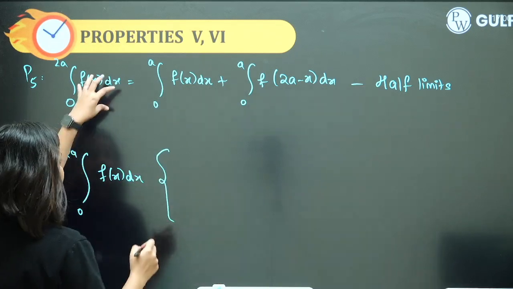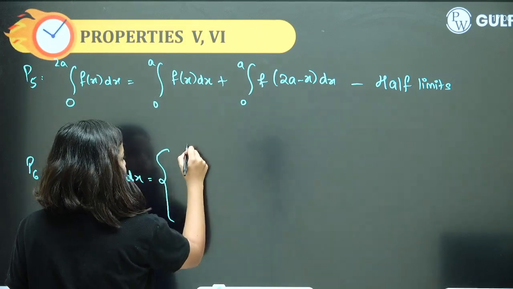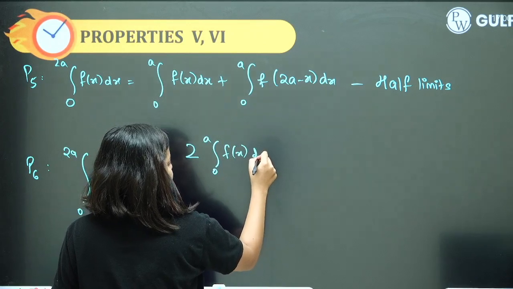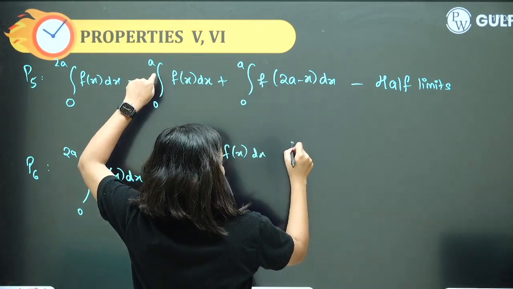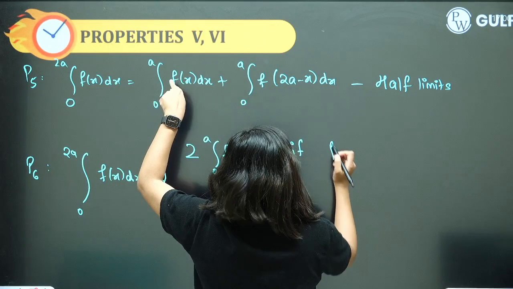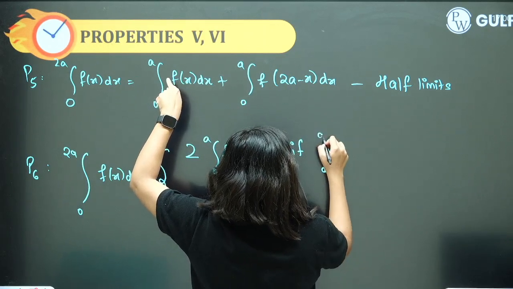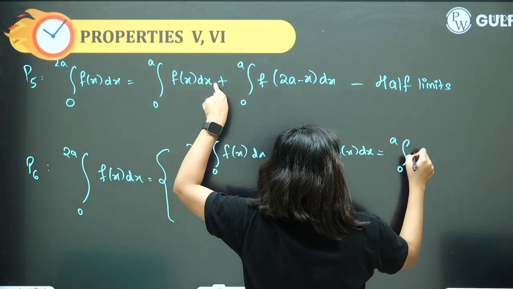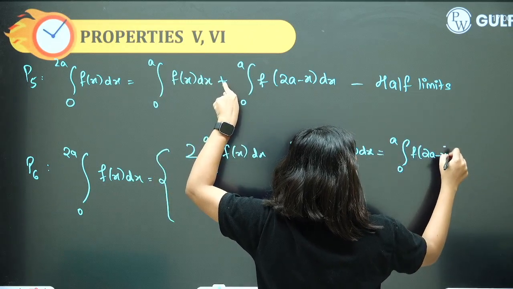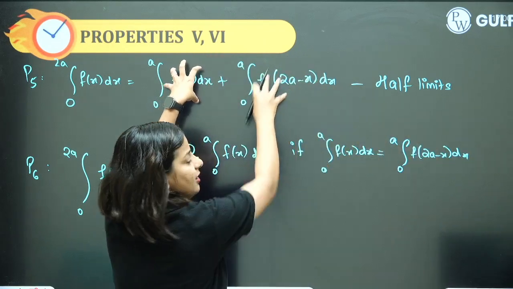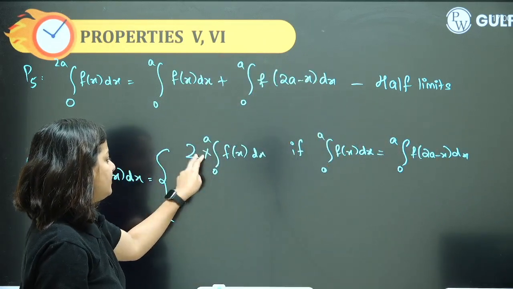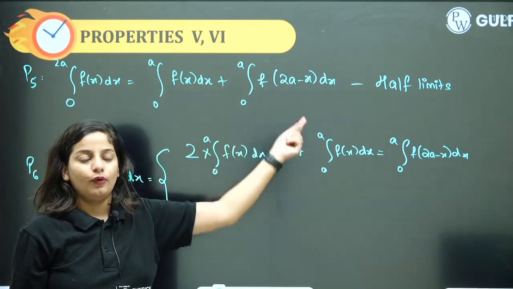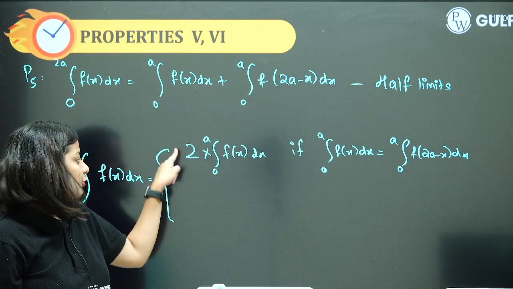This left hand integral is equal to 2 times the integral 0 to a of f of x dx if the integral 0 to a of f of x dx is equal to the integral 0 to a of f of (2a minus x) dx. Don't you think, if they are equal, the answer will be 2 times the integral of f of x dx? It's like 1 plus 1, 2.